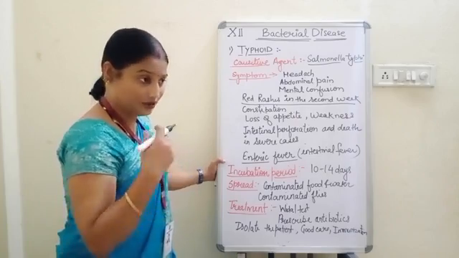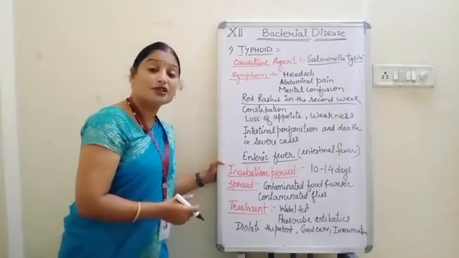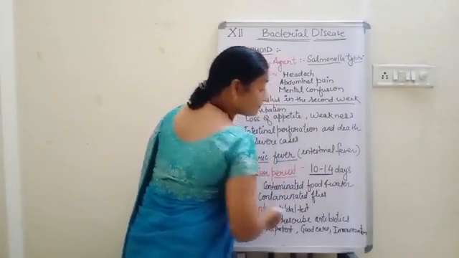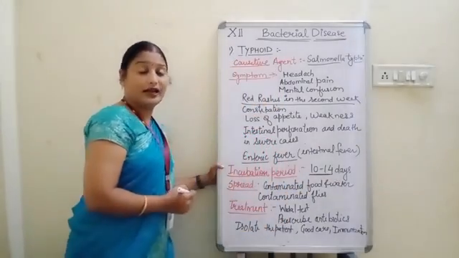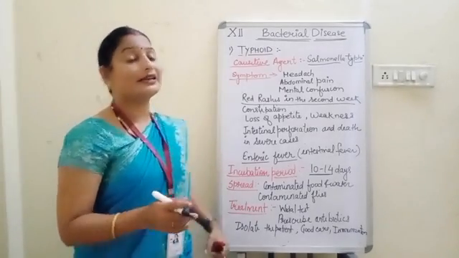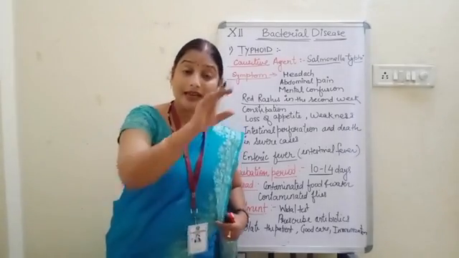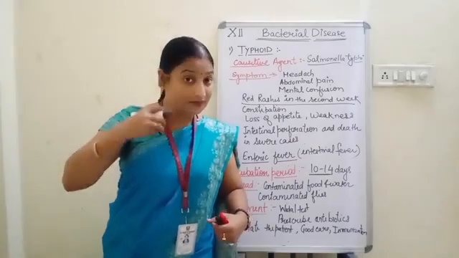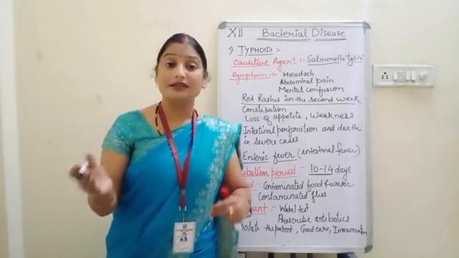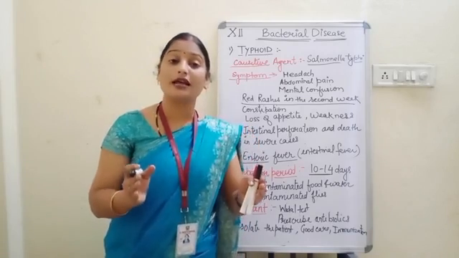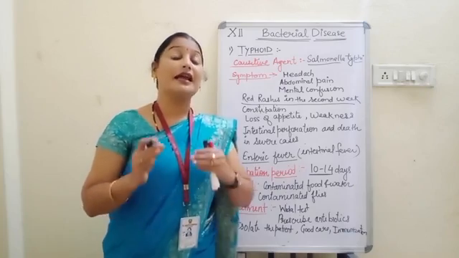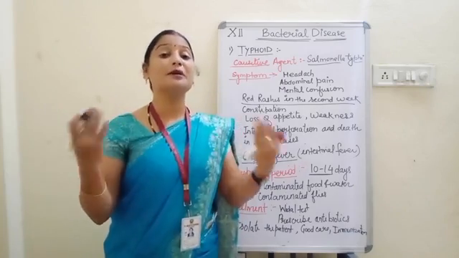Okay? Now, generally, the incubation period of typhoid is 10 to 14 days. Clear? Now, I have already told you the meaning of the incubation period. That is, it is the gap between the entry of the organism into the body till the first symptom appears. That period of time is called the incubation period. And during the incubation period, any pathogen simply multiplies.